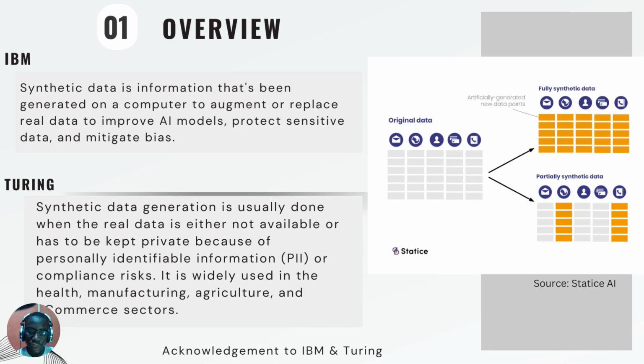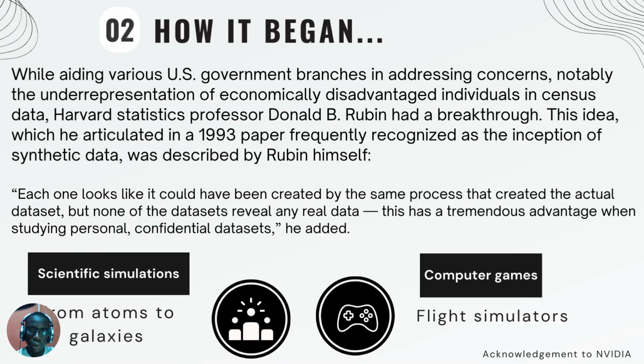The next one is how it began. Historically, the inception of synthetic data was described by Robin in 1993 when he conducted research on the representation of disadvantaged individuals in the US.